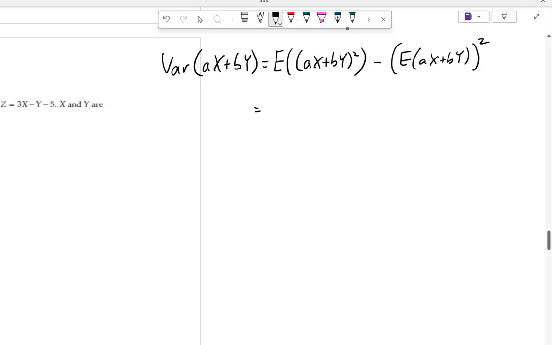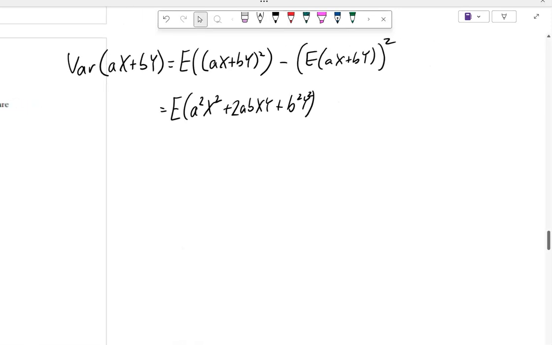In this case, I need to square out the inside. So you'll get a squared x squared plus 2abxy plus b squared y squared. Notice in the other one, I would need to split up the expected value and then square. Break up the expected value over the sum and pull out the constants and then square it. I'm going to do that in one step.